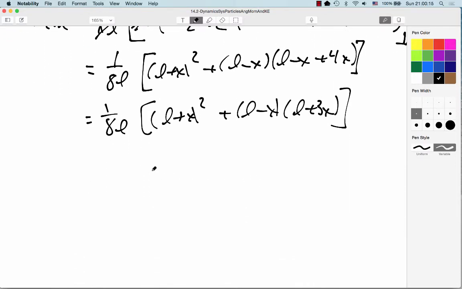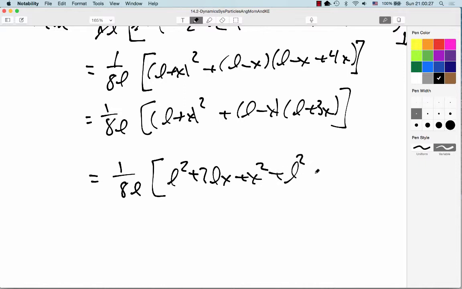So when in doubt, expand it out. 1 over 8L. This will give me L squared plus 2LX plus X squared. And then this will give me L squared plus, let's see, 2LX minus 3X squared.